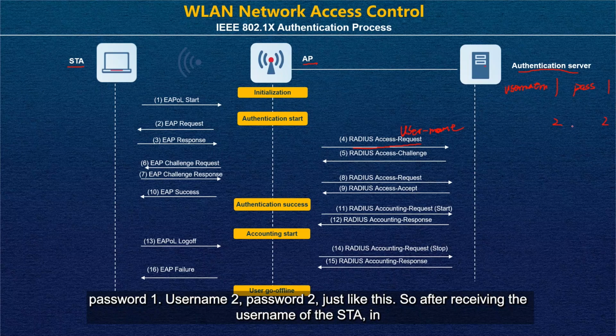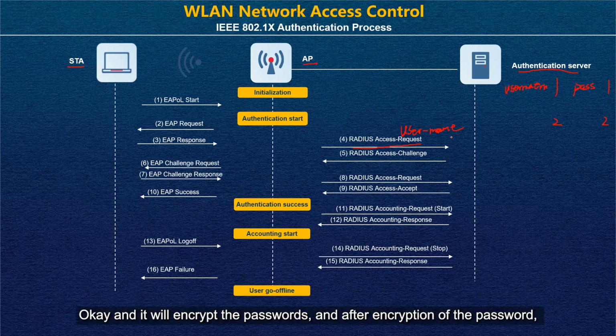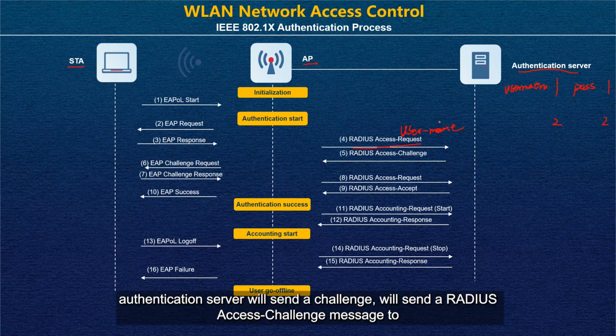So after receiving the username of the STA in this figure, the authentication server will find the password associated with this username. Okay, and it will encrypt the password. And after encryption of the password, the authentication server will send a RADIUS access challenge message to the AP.